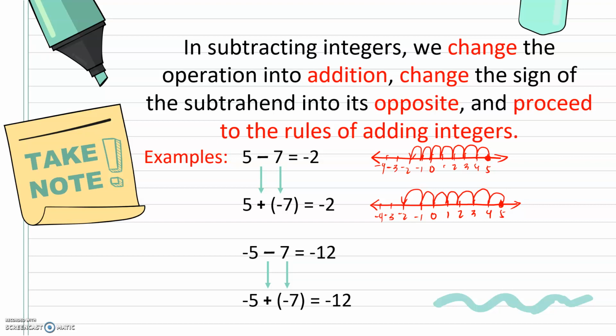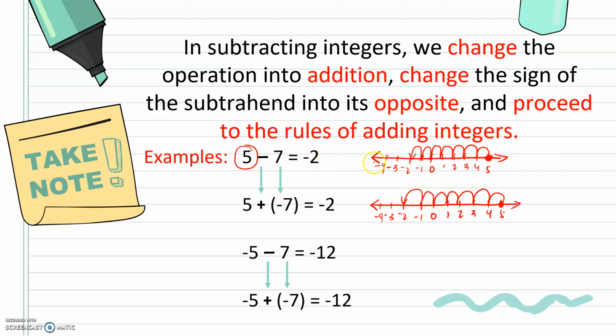For example, if we are given 5 minus 7, using a number line, we locate 5, our minuend, on the number line, and that's here. Then, since we are subtracting positive 7, we'll be jumping from 5, 7 times to the left on our number line, and that will give us negative 2.